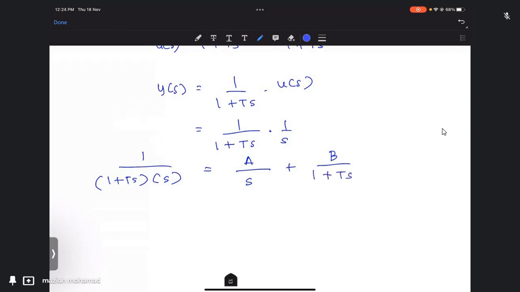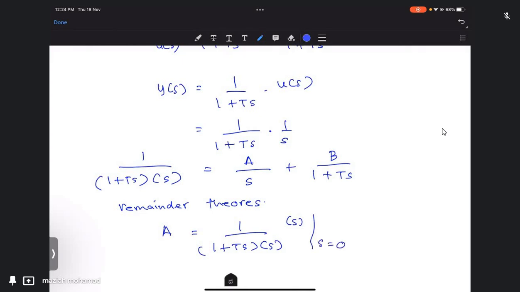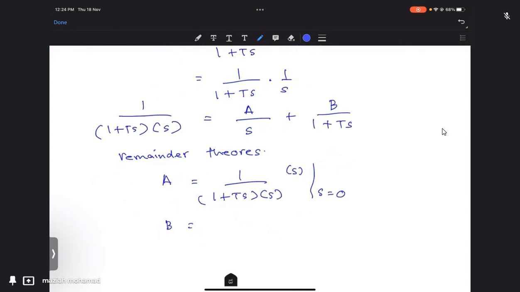If we do the remainder theorem, A is equal to 1 over (1 plus Ts) s multiplied with s, where we consider s equal to 0, and for B, 1 over (1 plus Ts) s multiplied with (1 plus Ts), where we consider s equal to -1/T.